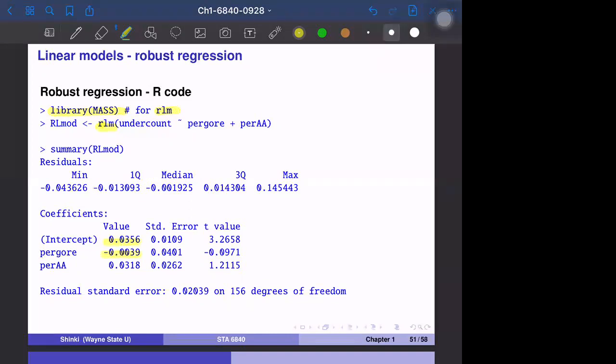So we have the estimate, intercept, and this model is undercount on percentage for Gore and the percentage of African American. We have these estimates, standard errors, and t-values. These are almost the same as the linear regression, but the estimates are slightly different. Maybe we can focus on the t-value for percentage for Gore and the percentage for African American.